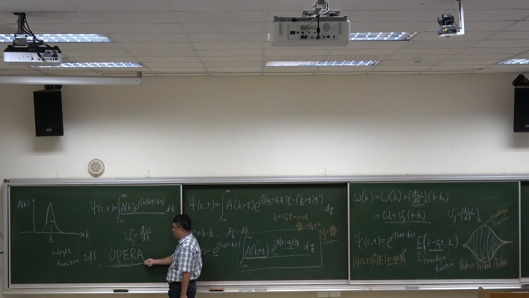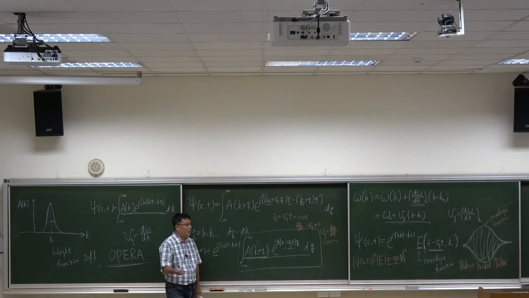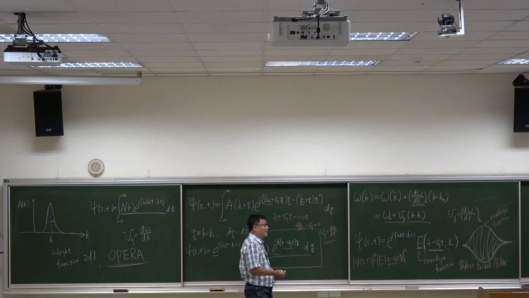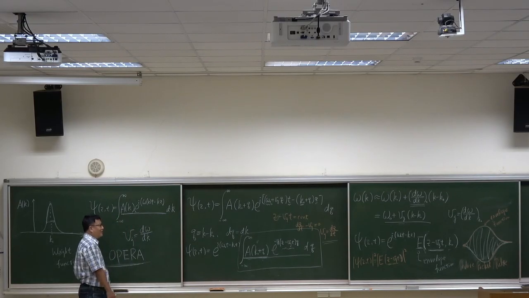Oprah 事件最后落幕，就是确认微中子确实没有超过光速。So finally they find that neutrino velocity does not exceed the speed of light in vacuum.